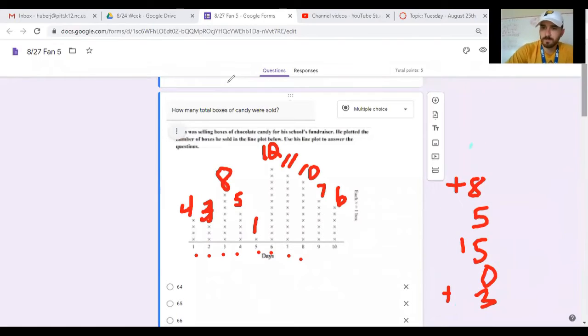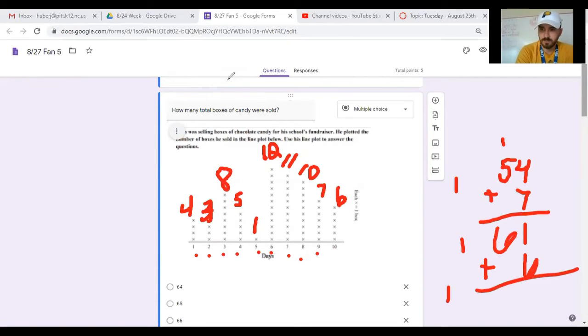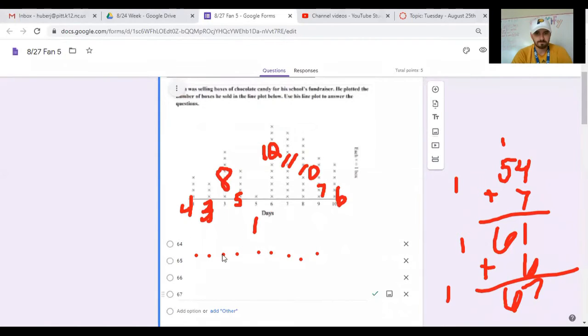Plus 7 is going to put me at 61. Plus 6 more puts me at a total of 67 boxes of candy, which would give me D.